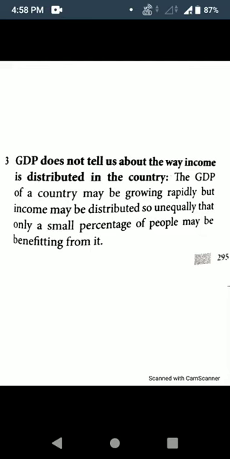For example, in our country, we can see all are not getting the same income, isn't it? In some places, people do the same work but get different incomes. So the GDP of a country may be growing rapidly, but income may be distributed unequally. That also does not come in the calculation of GDP. This is also one of the limitations.